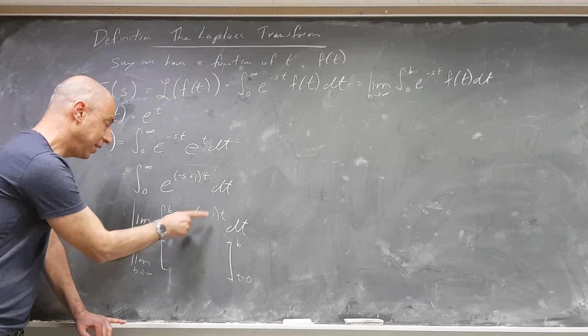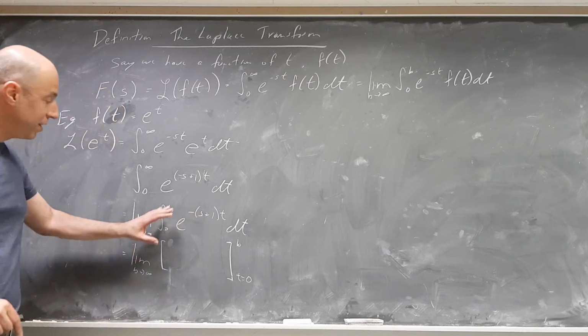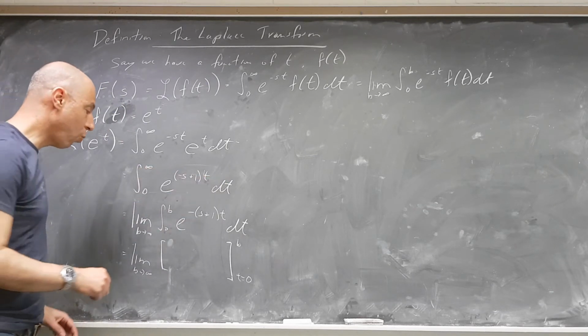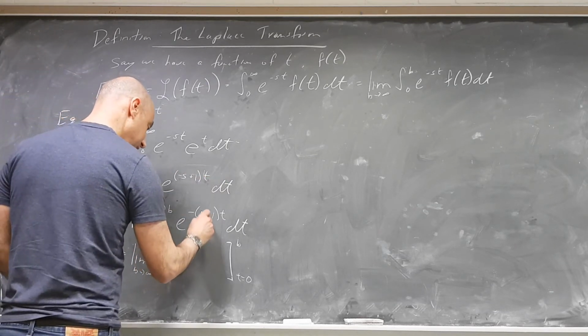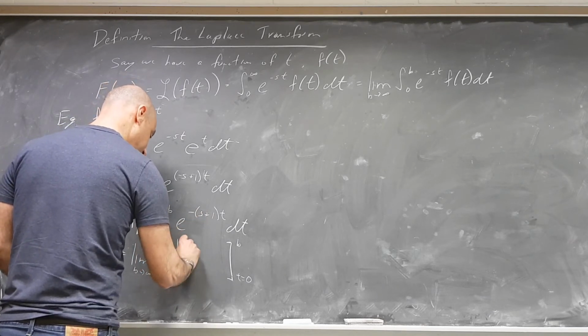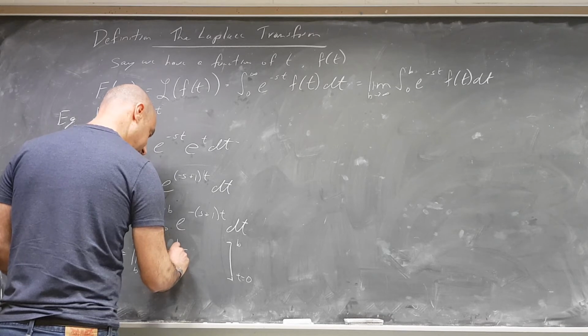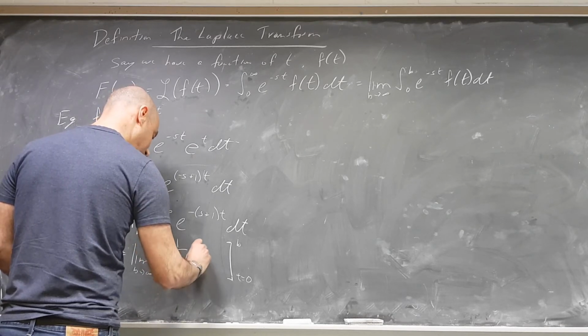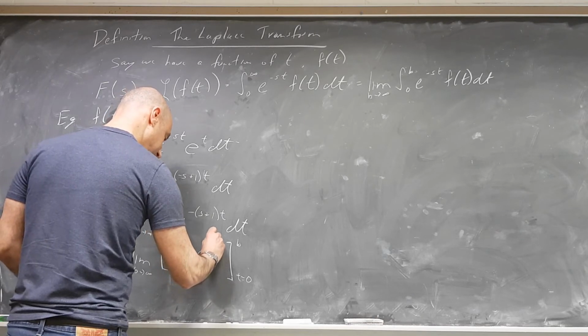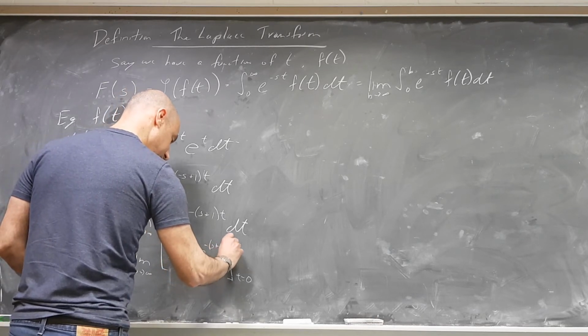Now let's take the antiderivative. The antiderivative of e to a number times t is 1 over the number times the original function. So 1 over minus s plus 1, e to the minus s plus 1 times t.